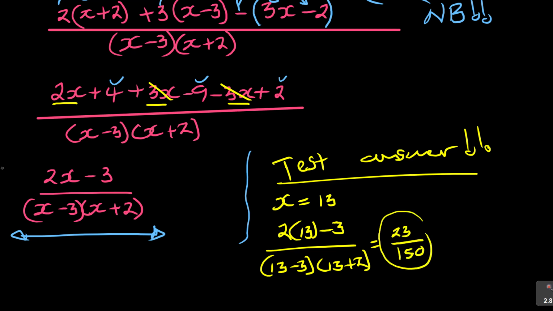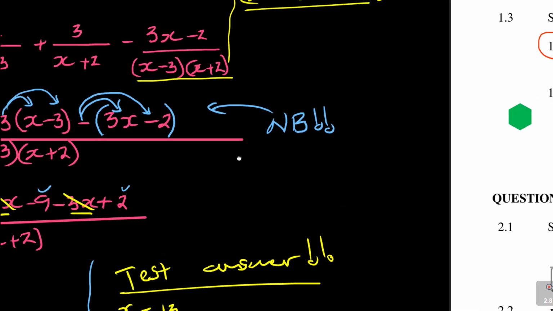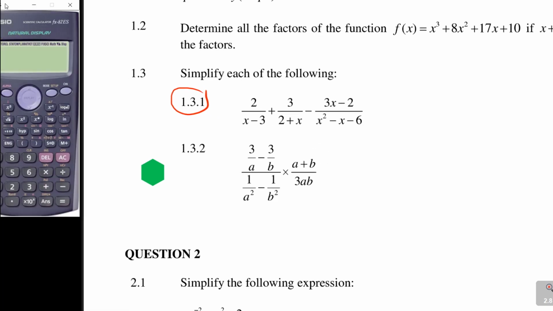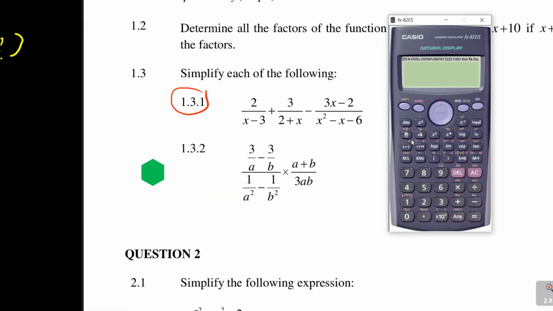Now when I substitute in the original, I must also get 23 over 150. Let's go to the original here. So remember, x is what? X is 13. So look what I do. There it is, 2 over 13 minus 3. Then continues plus 3 over 2 plus x, which is 13.